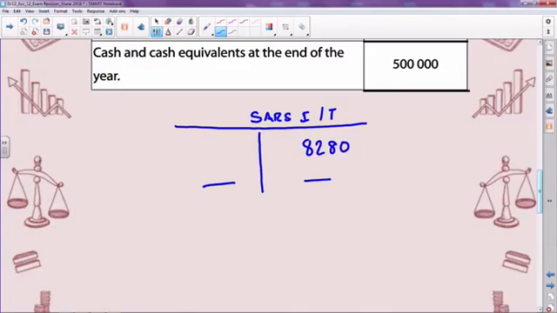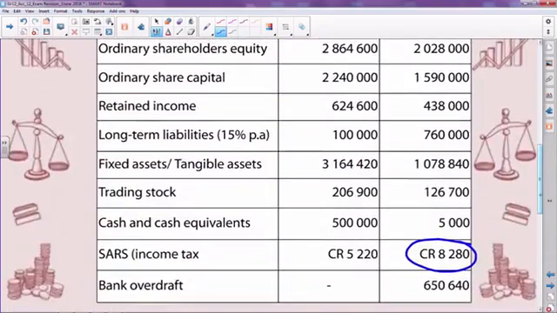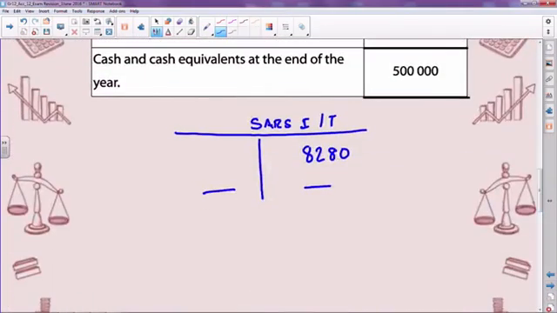Number 2, closing balance. I look at my SARS income tax again, and I see a closing balance of 5220. Remember, a credit balance would be carried down on the debit side to be brought down on the credit side.